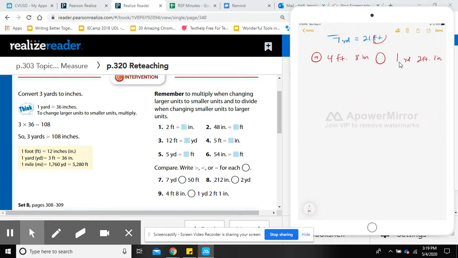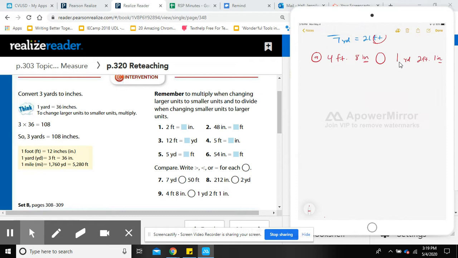Okay, so for this one, I think one of our best options would be to change everything into inches because we need to add these inches in. And so it would make more sense to make everything into inches, and then we can compare the inches, okay? So 4 feet is how many inches?